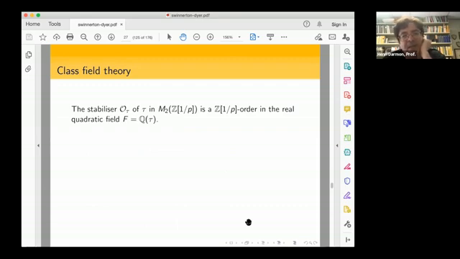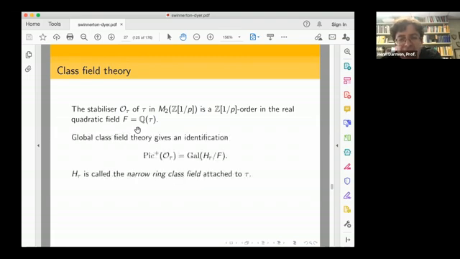Namely, to be more precise, we can see that the stabilizer of tau in the ring of 2 by 2 matrices with entries in Z of 1 over p is a certain order, or rather a subring, which is free of rank 2 as a Z of 1 over p module. So that's what we call a Z of 1 over p order in the real quadratic field generated by tau.